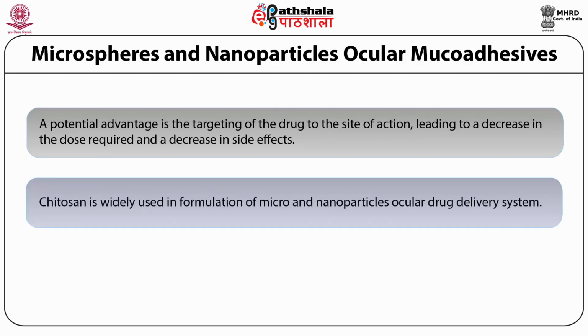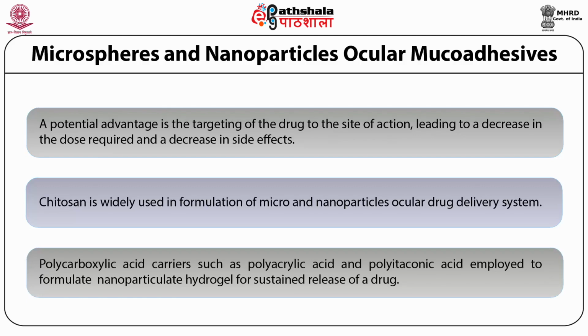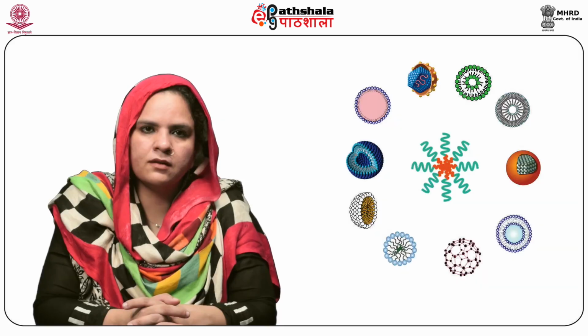Chitosan is widely used in the formulation of micro and nanoparticle ocular drug delivery systems. Polycarboxylic acid carriers such as polyacrylic acid and polyitaconic acid are employed to formulate nanoparticulate hydrogels for sustained release of any drug to the ocular site.